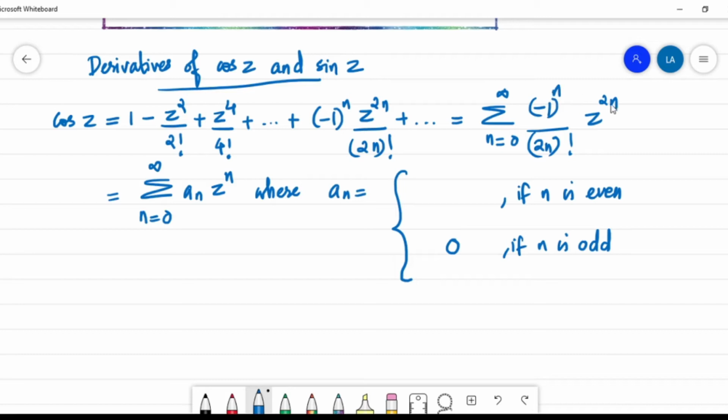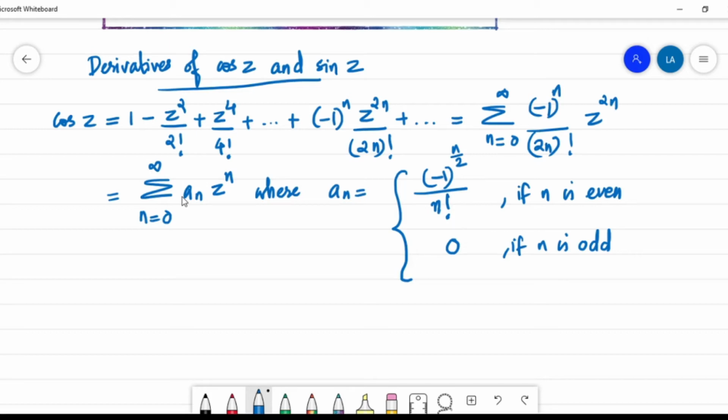So, this will be 2n by 2. So, if here the power is n, the power of minus 1 will be n by 2. So, I am writing minus 1 the whole raised to n by 2 divided by, here if it is 2n, here we have 2n factorial. When it is n, in the denominator I am going to have n factorial. So, what we did is we made our cos z in the same form as that of the power series which we defined at first.